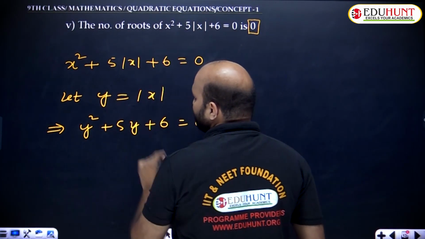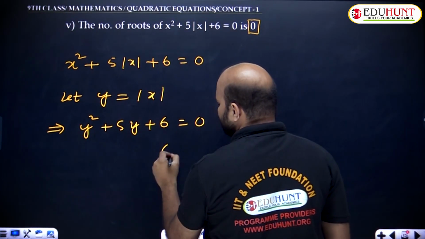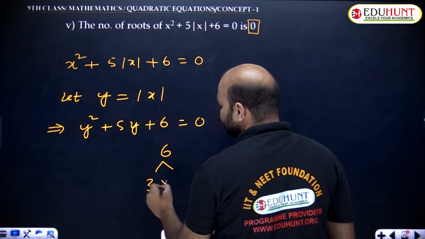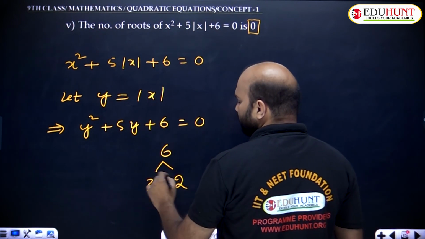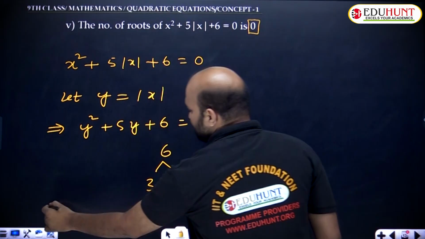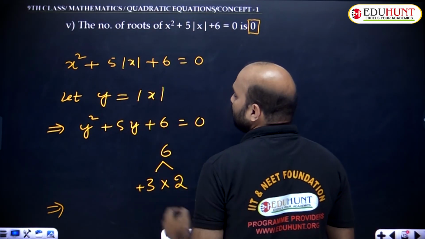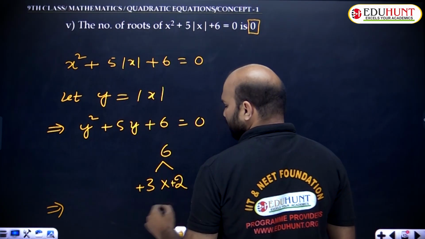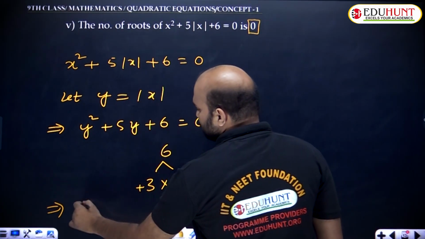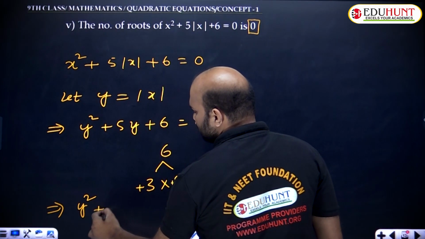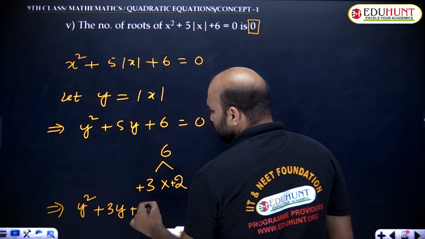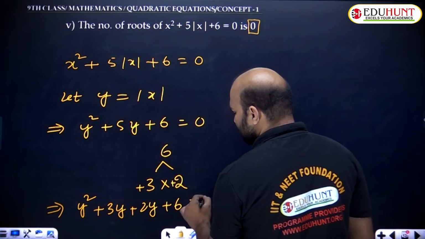Here this is a quadratic equation, and the constant value 6 can be written as 3 into 2. Both are positive because the y coefficient is positive 5, so both are added: plus 3 plus 2. So the equation can be written y square plus 3y plus 2y plus 6 equals 0. Am I clear?